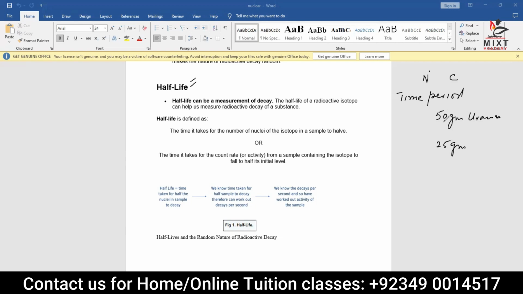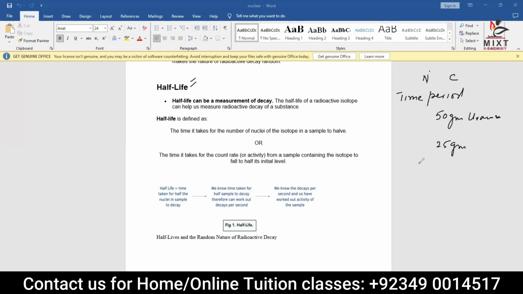That will be the half-life. So the half-life of a radioactive isotope is the time it takes for the number of nuclei of the isotope in a sample to halve. When the number of nuclei becomes half of their quantity, that time period is called the half-life.